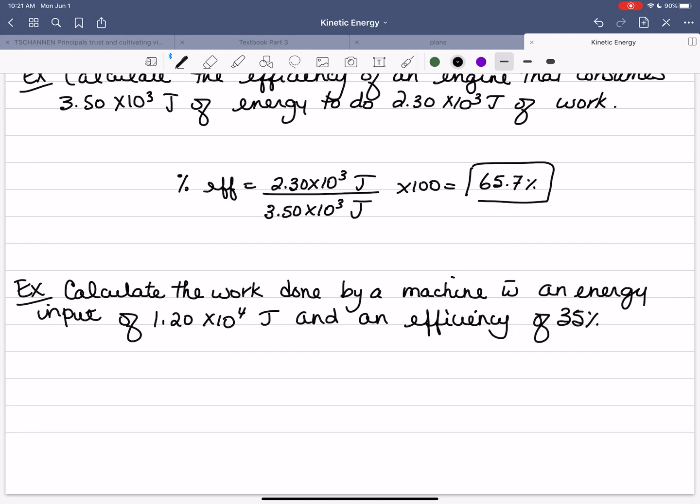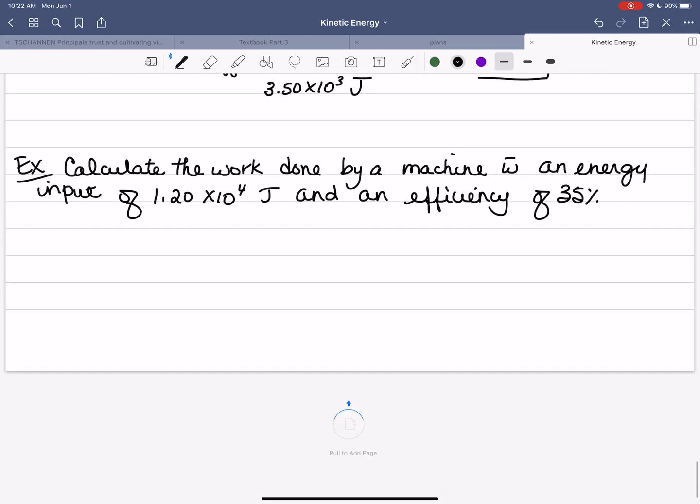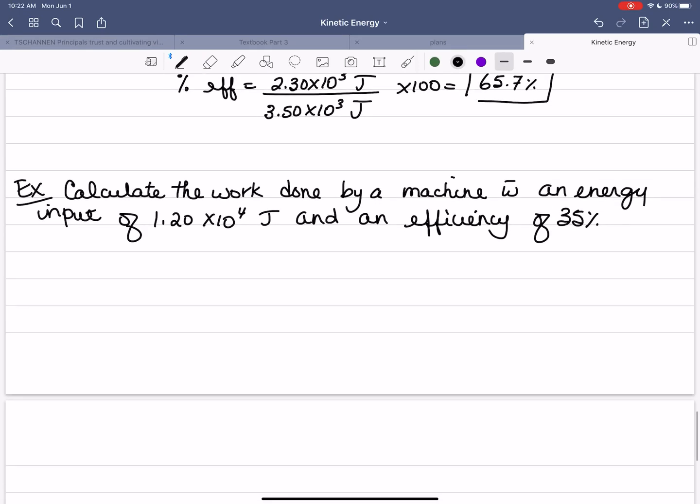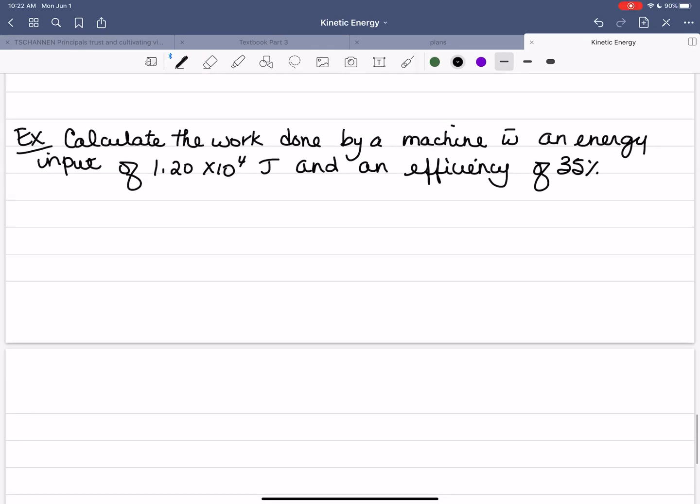So not a very efficient machine that we have here. So the first thing, I'm going to write down my percent efficiency, output, input times 100. Okay. And so if I have times 100, I want to start with that 35% and divide it by 100. So I get 0.35 is equal to output over input.